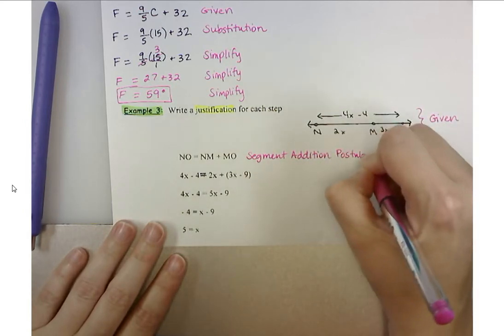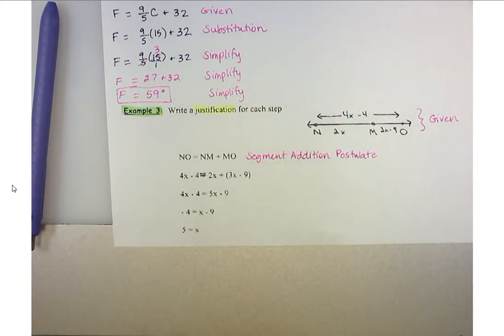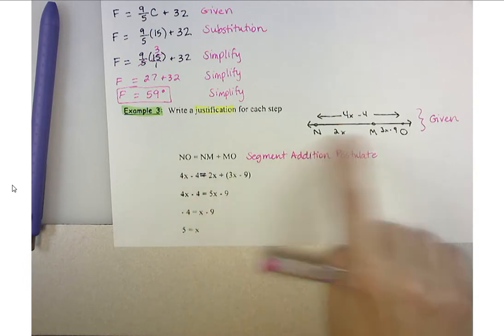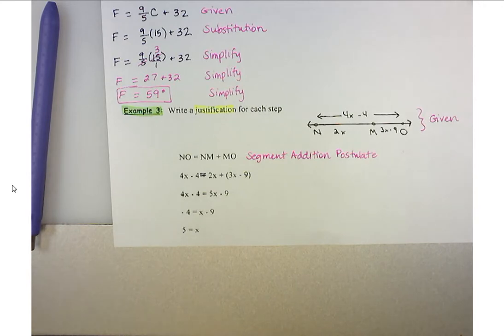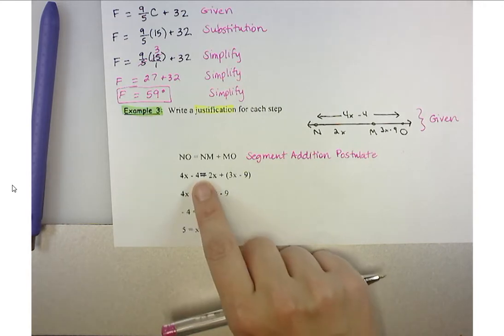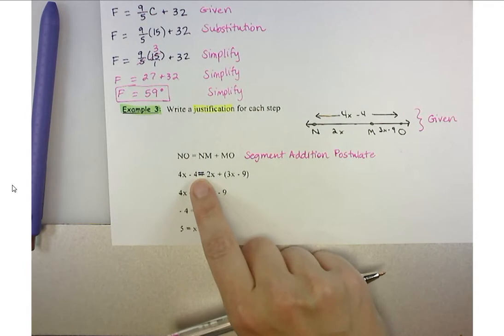Okay, so we will add things like this to our word bank today as well. The segment addition postulate is how we know that NM plus MO is going to be that whole line NO. And then you should have your equal sign. It should say 4x minus 4 equals 2x plus 3x minus 9.